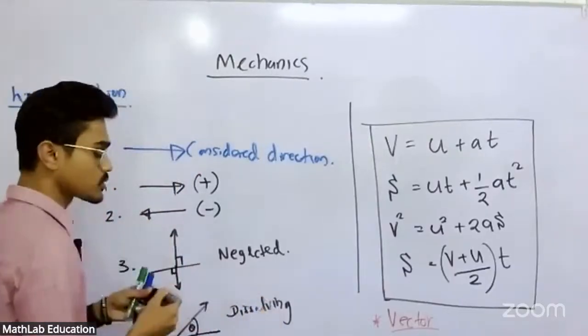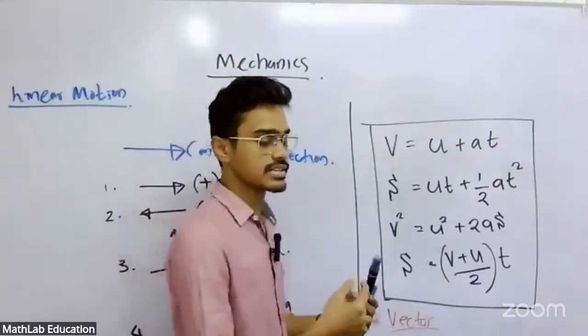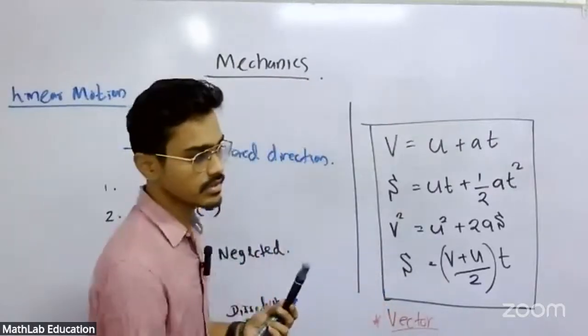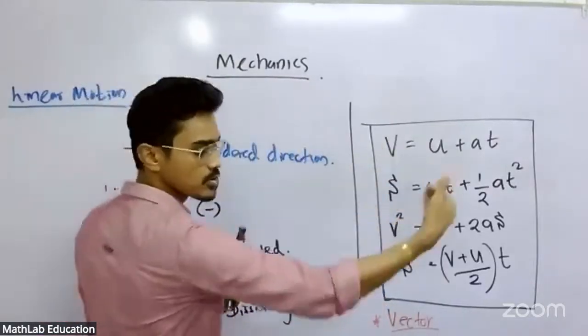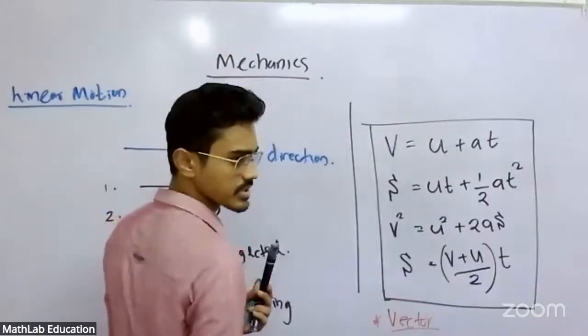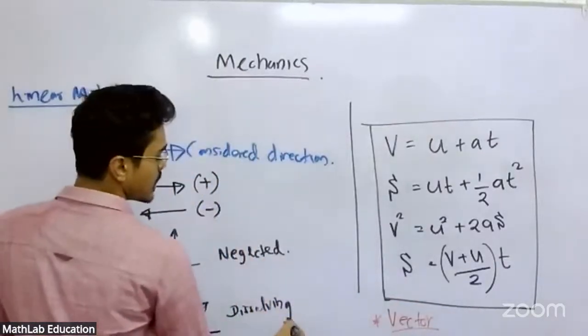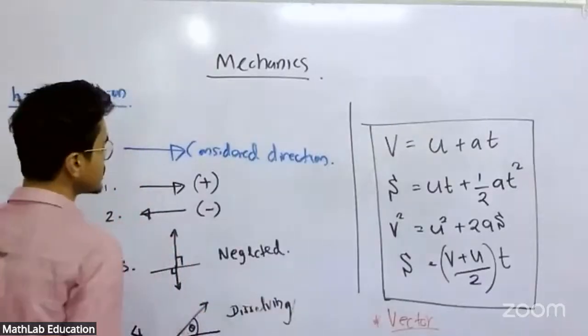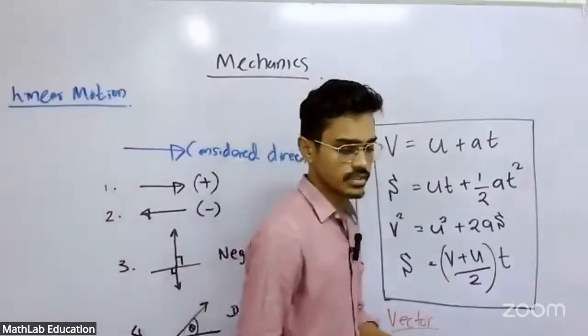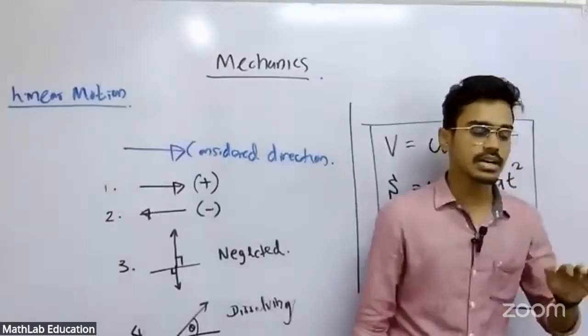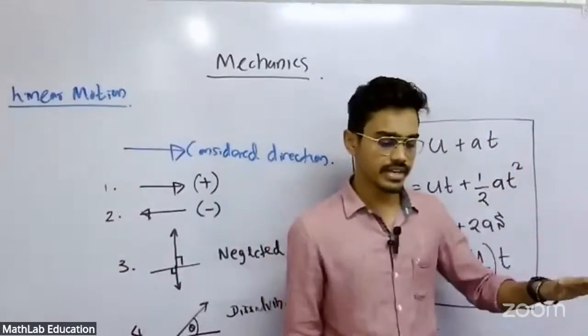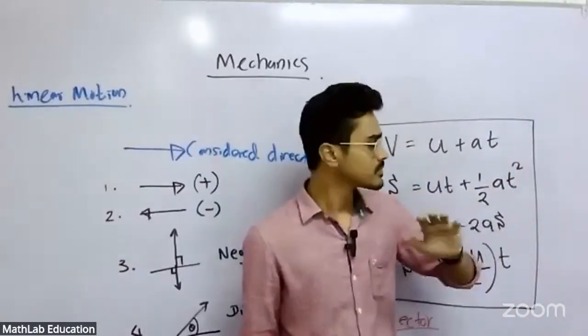Guys, when it comes to projectile motion, you will be using dissolved components for the first time. Projectile motion is the next type of motion you are going to have after linear motion. So these are the four basic rules regarding vectors, and these rules are valid for any type of vector throughout the syllabus.